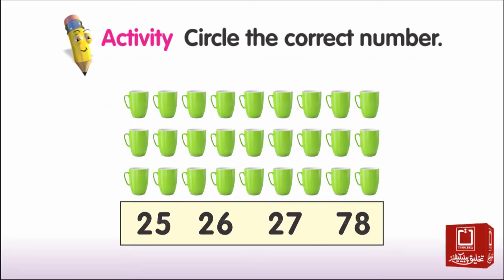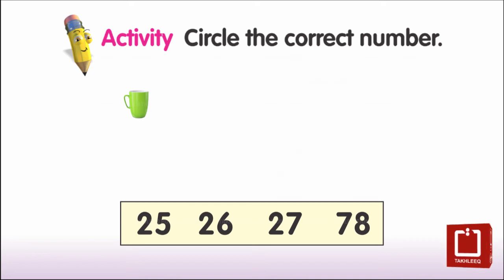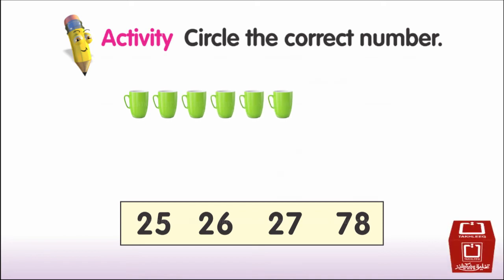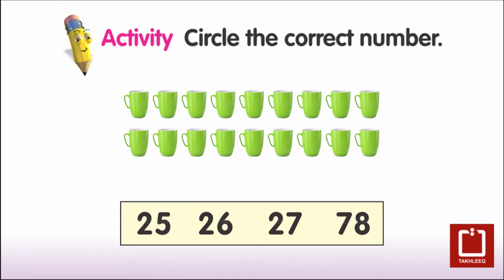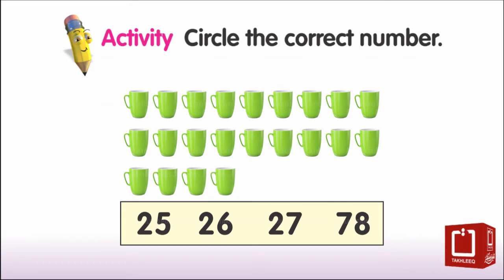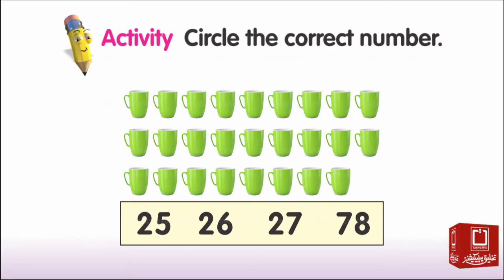We count the given objects. 1, 2, 3, 4, 5, 6, 7, 8, 9, 10, 11, 12, 13, 14, 15, 16, 17, 18, 19, 20, 21, 22, 23, 24, 25, 26 and 27.